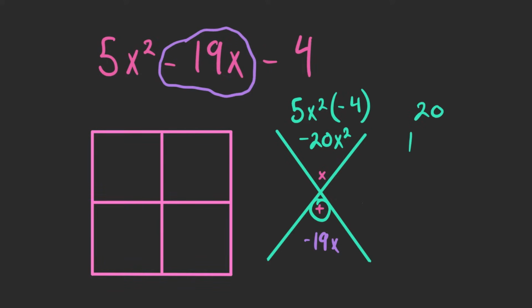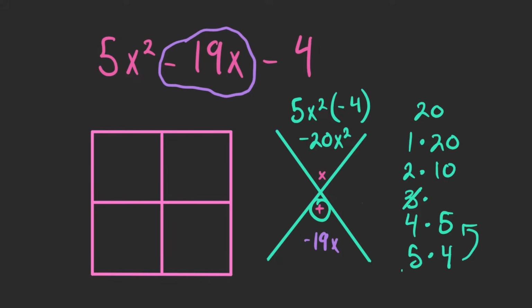Let's start with 1. 1 times 20 will give me 20. 2 times 10 will give me 20. 3 doesn't go into 20, so I'm going to cross that one out. Let's try 4. 4 times 5 will give me 20. And 5 times 4 will give me 20, and I can actually stop right there because these two are the same. So I really have 3 cases to focus on: 1 times 20, 2 times 10, and 4 times 5.